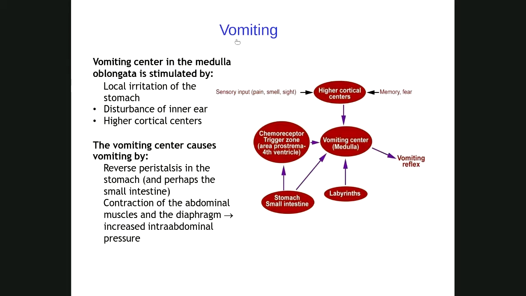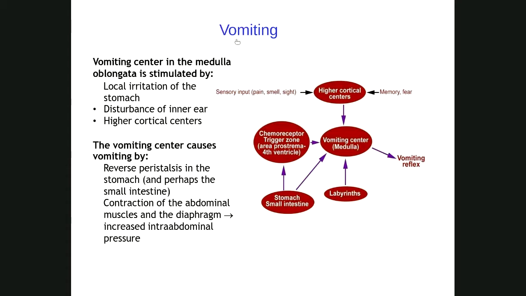We also feel this abdominal pain, and the abdomen is trying to press the stomach, squeezing the content, and in addition, there will be relaxation of the lower esophageal sphincter and reversal of peristalsis. So instead of the normal peristalsis that moves the food down, the peristaltic movement will be reversed in vomiting. And the relaxation and squeezing by abdominal muscles all will push the content from the stomach outward.